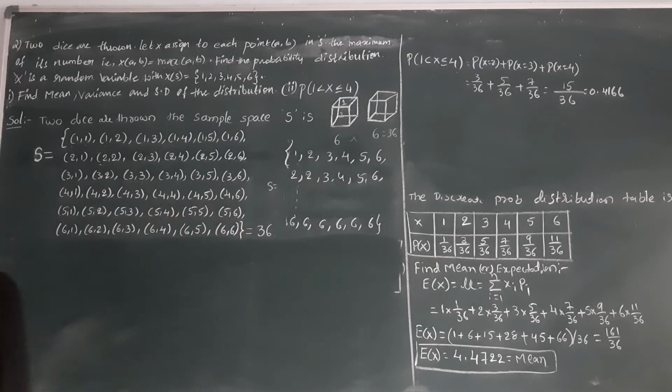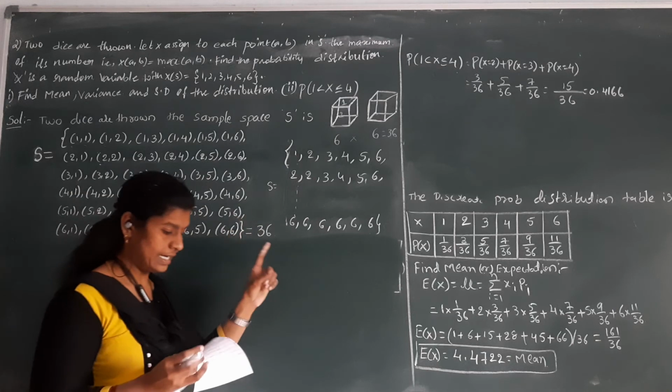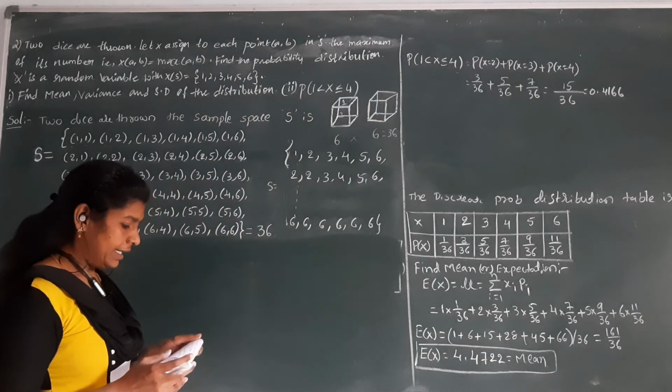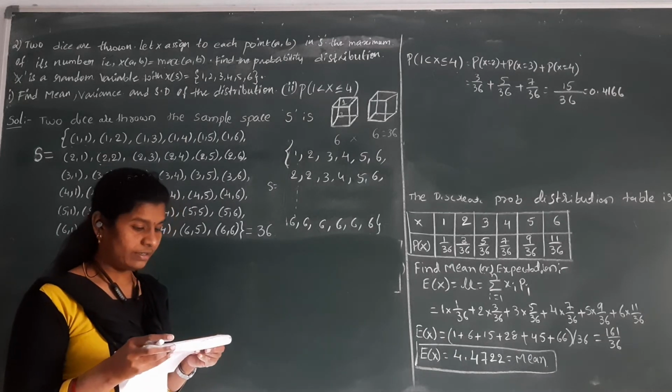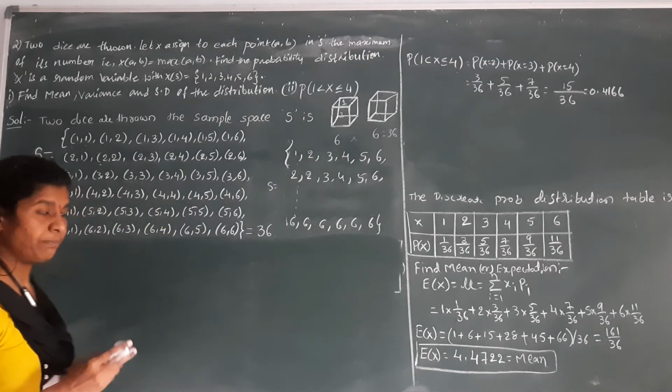Okay. Next, the last one: a fair die, one single die only, a fair die is tossed. Let the random variable capital X denote twice the number that appears on the die.